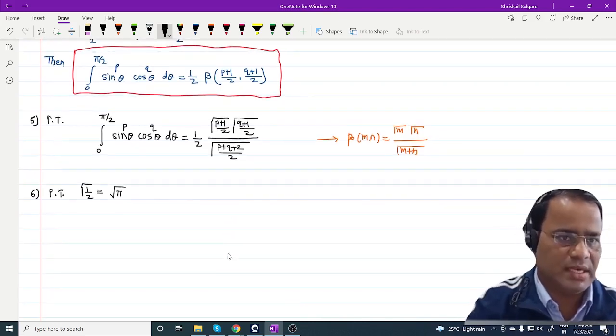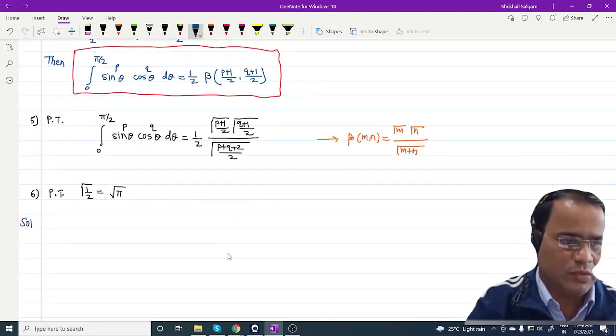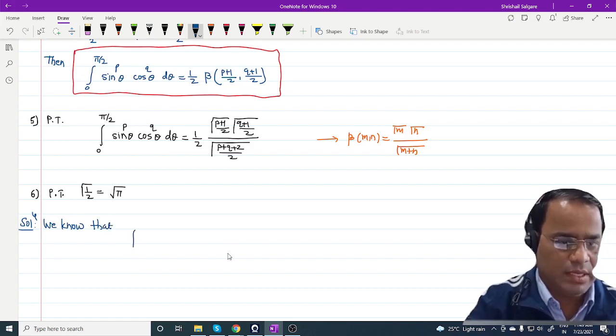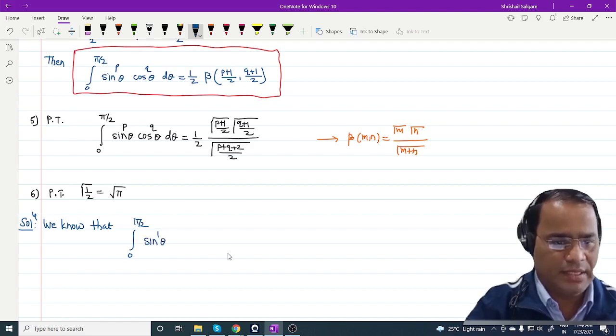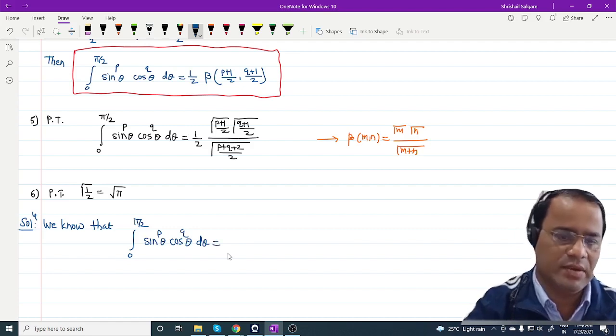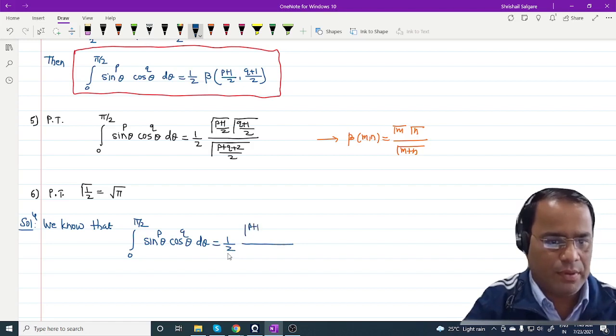Now to prove this result, I will continue with this integral. So we know that the integral from 0 to pi by 2 of sin theta raised to p into cos theta raised to q d theta is given by 1 by 2 into gamma of p plus 1 divided by 2 gamma of q plus 1 divided by 2, that whole divided by gamma of p plus q plus 2, that whole divided by 2.